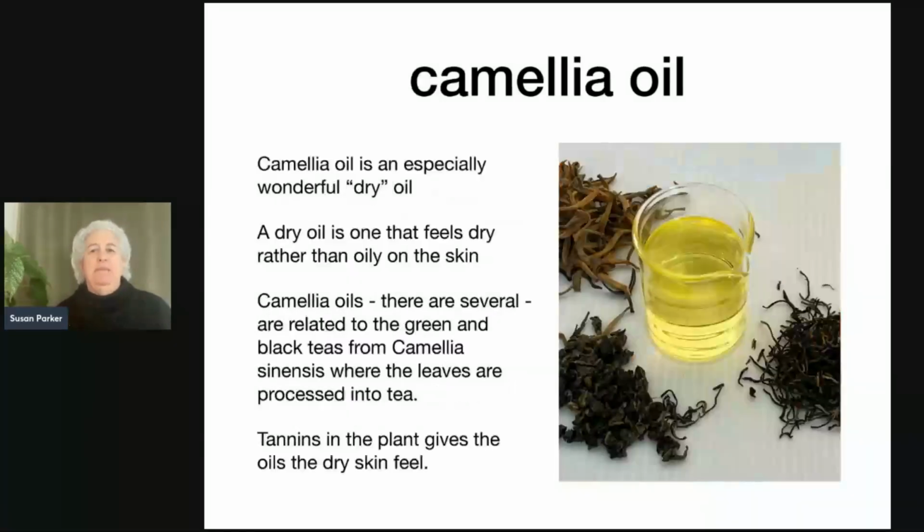Camellia oil is a wonderful oil, an especially good oil for oily skin, and it's what we call a dry oil. Dry because it feels dry. You put it on the skin and it feels dry rather than oily. So camellia oils, there's several, but they're all related to Camellia sinensis, which is the type of camellia that produces green and black teas.